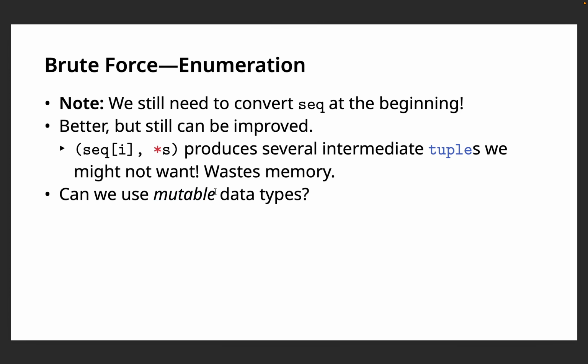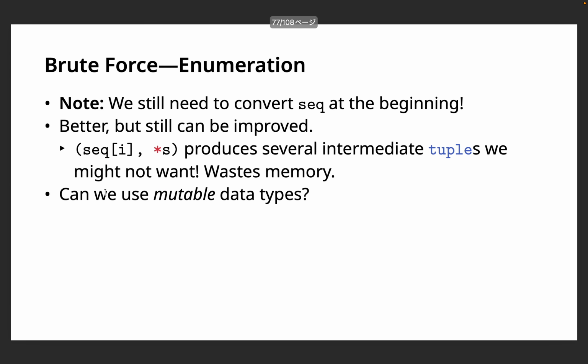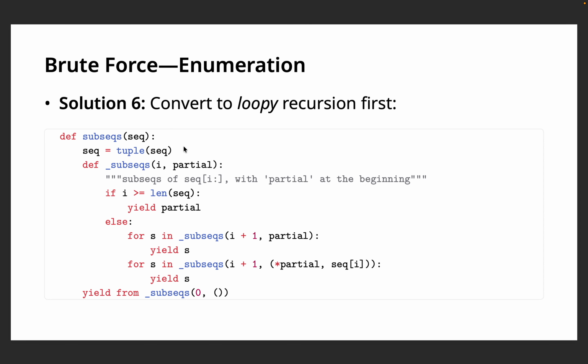Before that, let's try to change this a bit first in preparation for what we're about to do later. Here, what we're basically doing is turning this into a cumulative recursion. So we're building up some partial result over here, then we keep track of that partial result in the recursive calls. That's this, and that's these two recursive calls over here.